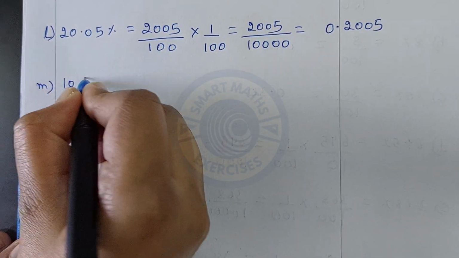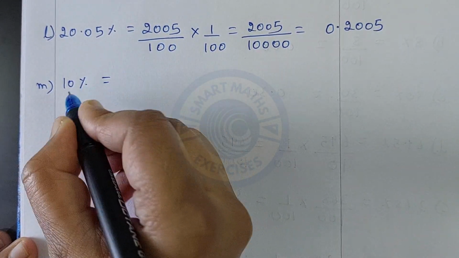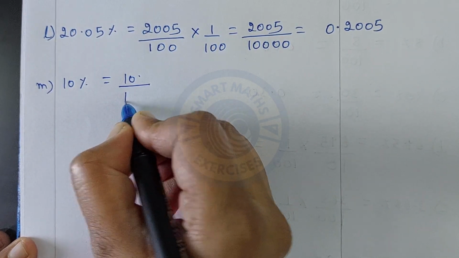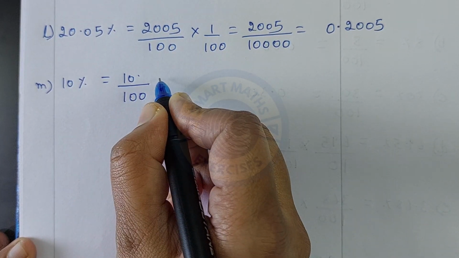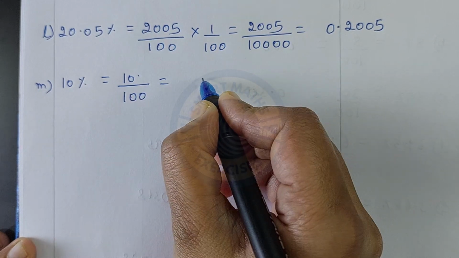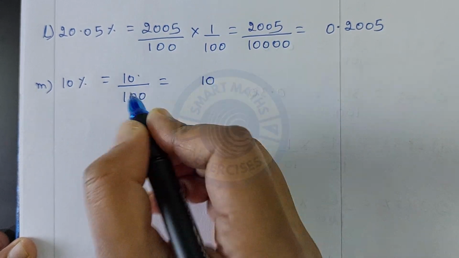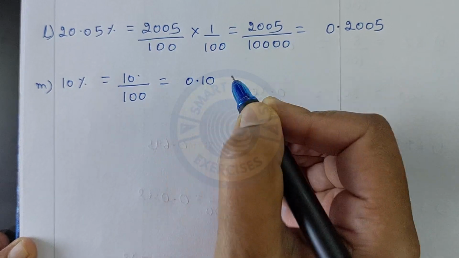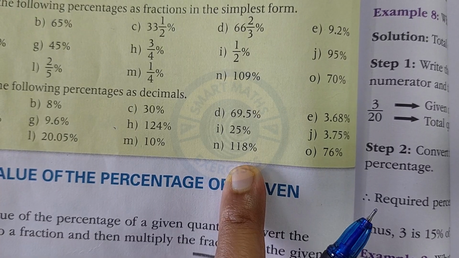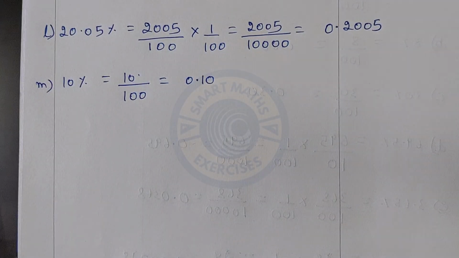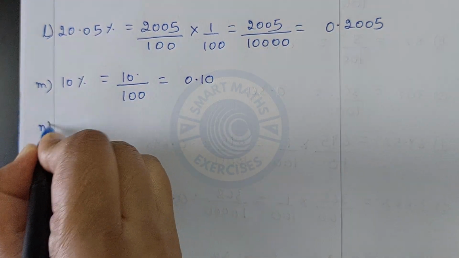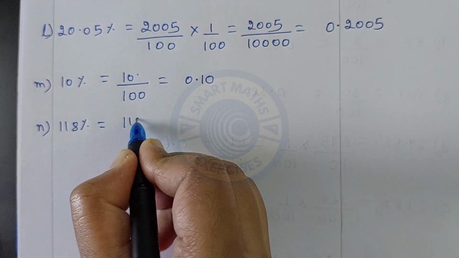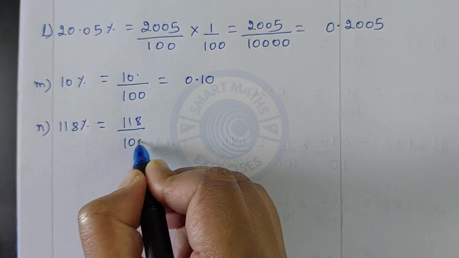Next question, M, 10%. So you can directly write 10 by 100. Write this 10 here. There are 2 zeros. So 1, 2, 0.10. Next question, N, 118%. So write 118 by 100.